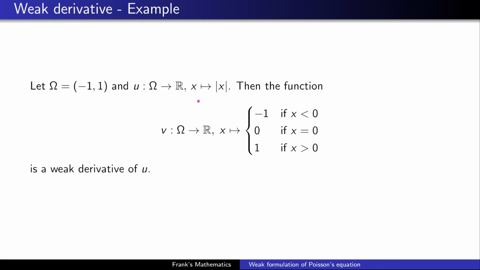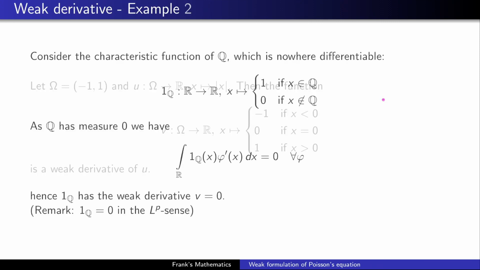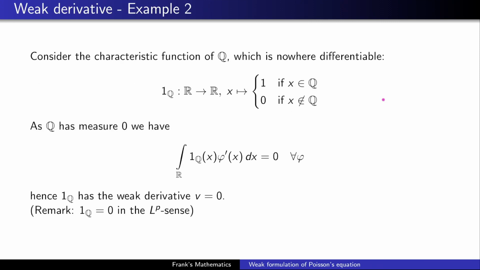Okay, so much for this easy example, and let's go to a non-intuitive example. We take the characteristic function of Q. The function is 1 if x is a rational number, and 0 if it's not.